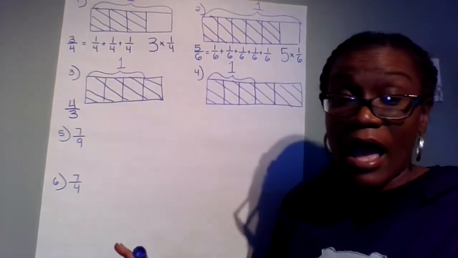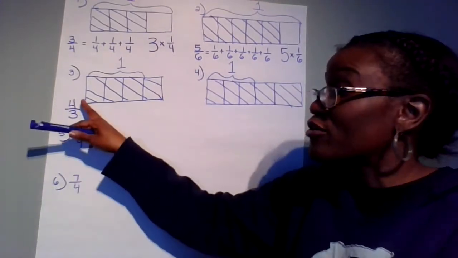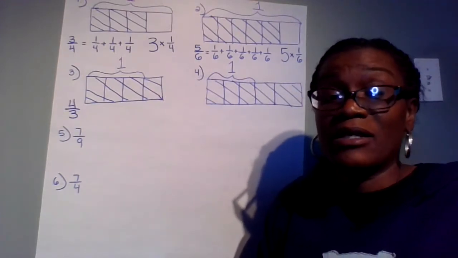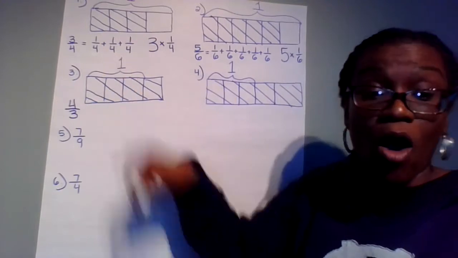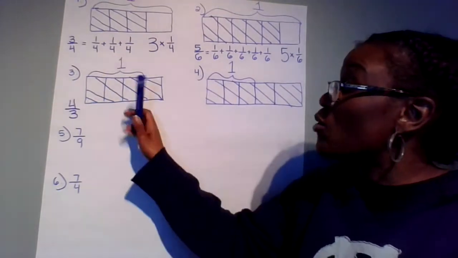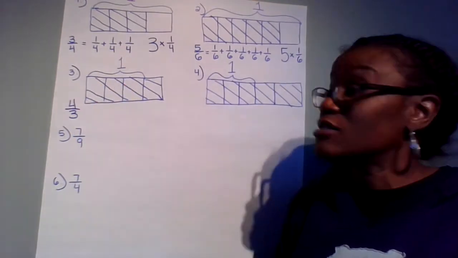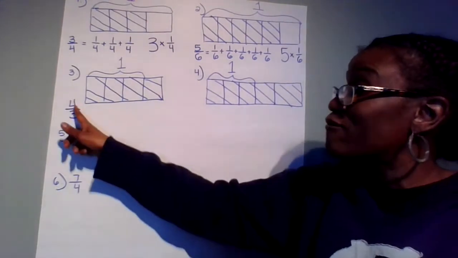And anytime you have an improper fraction, that means you have more than one whole. That's right. So if this was a candy bar and it came with 3 pieces, we would have a little bit more than one whole. We would have 4/3.